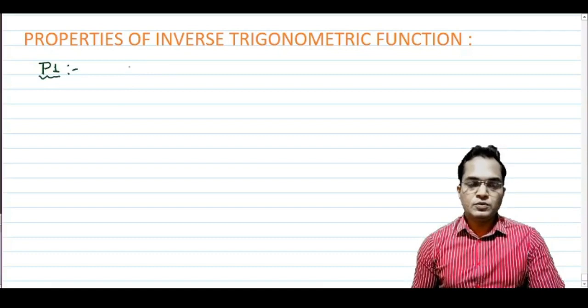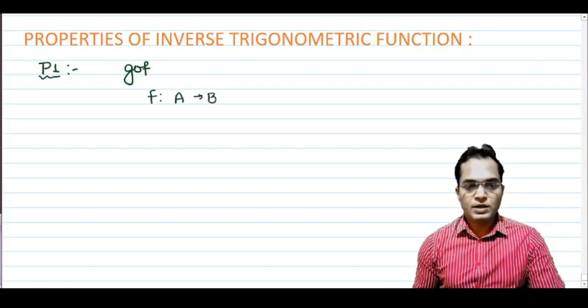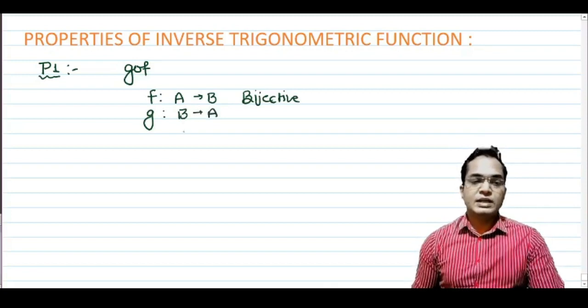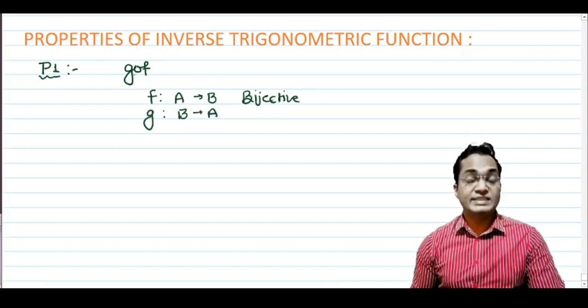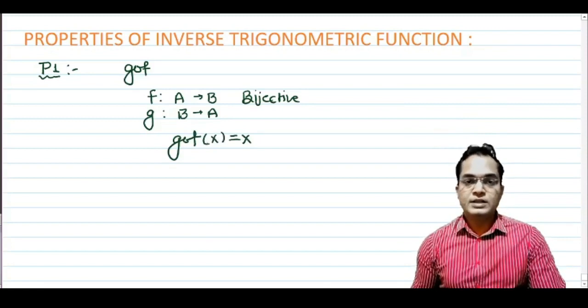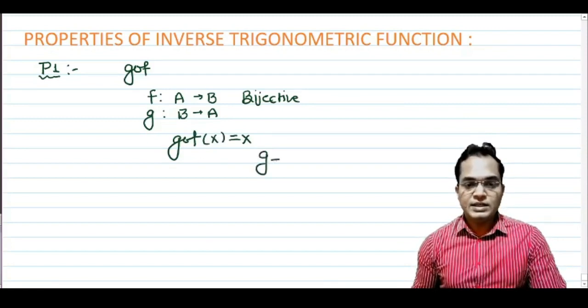As we know about the composite function g of f, let a function f from A to B be a bijective function, and the function g from B to A is also a bijective function. Then their composite function g of f exists, and if g of f of x equals x, then we can say g is the inverse of f.